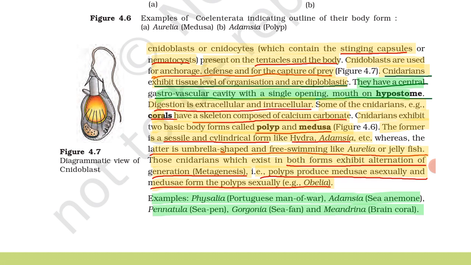And they show alternation of generation metagenesis, that is polyps produce medusa asexually and medusa produce polyps sexually. The examples are Physalia Portuguese man of war, Adamsia sea anemone, Pennatula sea pen, Gorgonia sea fan, Meandrina brain coral.